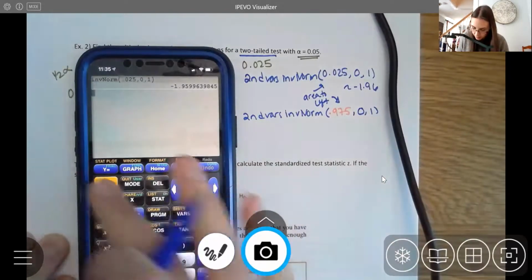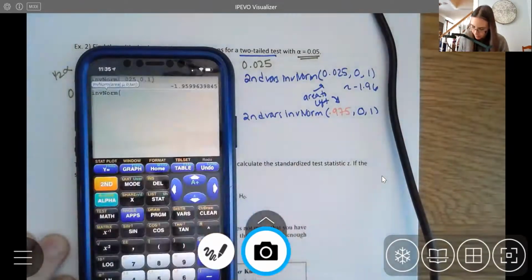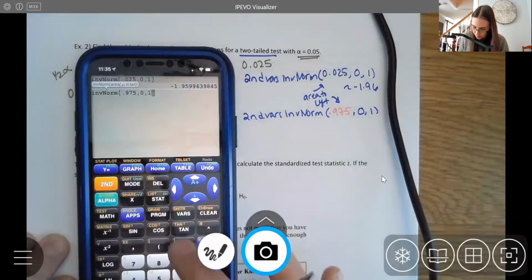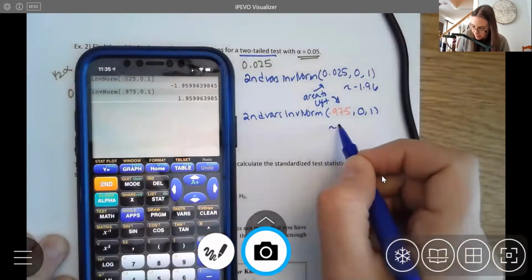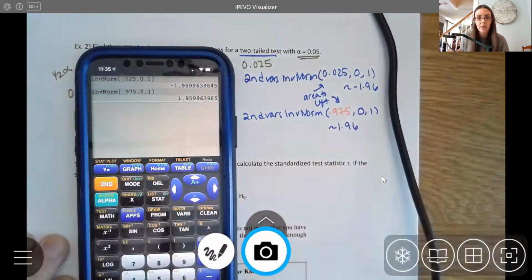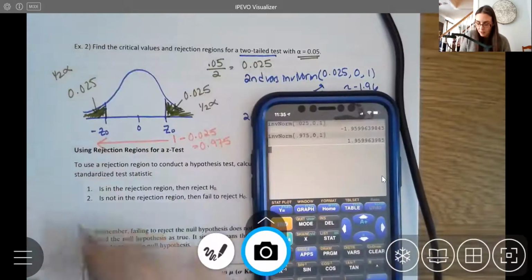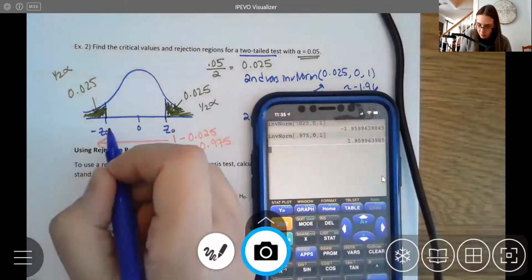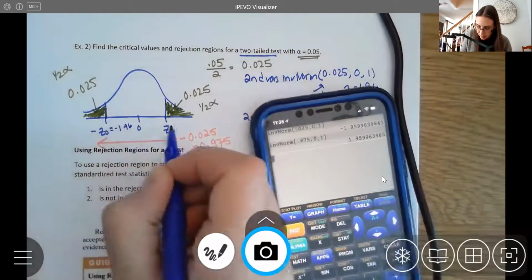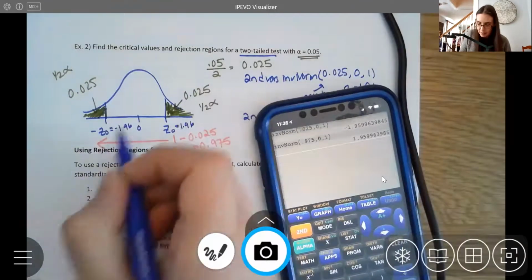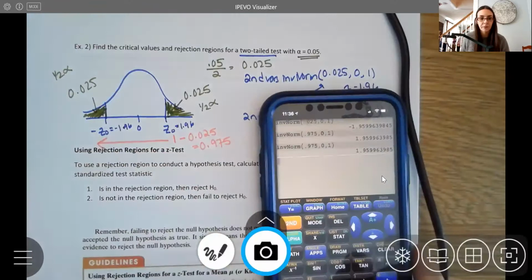And then for the other one, I have 0.975, comma, 0, comma, 1, and I have the positive version, about 1.96. So again, that's good. If you're not sure if you're doing it right, do both sides for a two-tailed test and make sure you're getting the same value, one positive, one negative. So my two critical values are going to be negative 1.96 and positive 1.96 in this case.